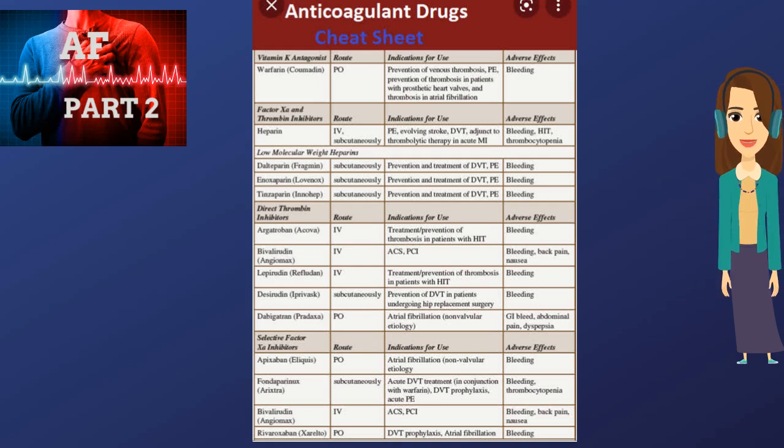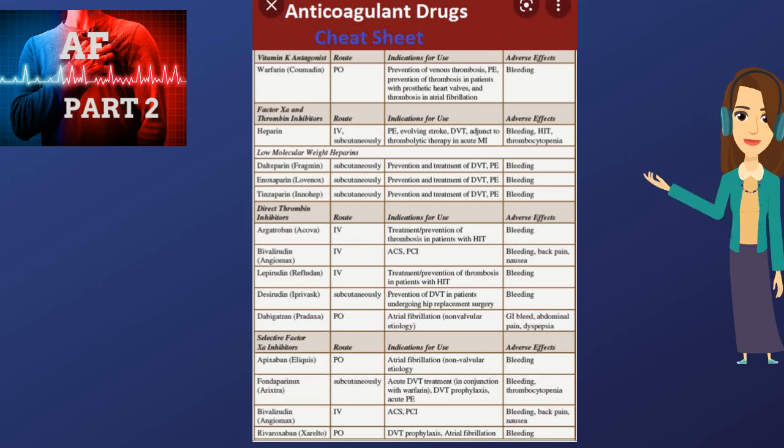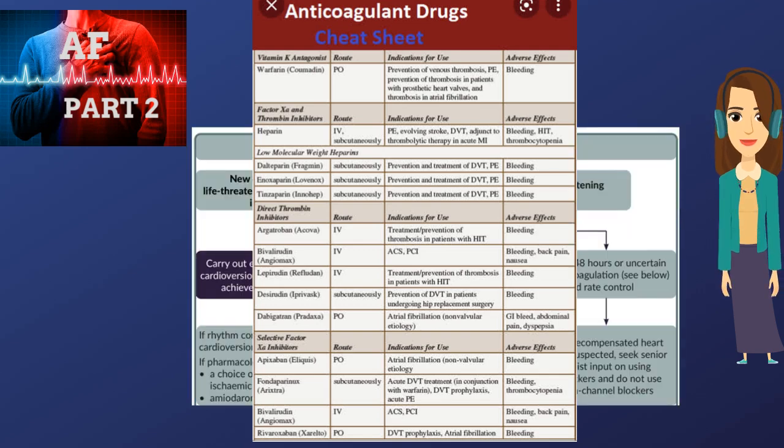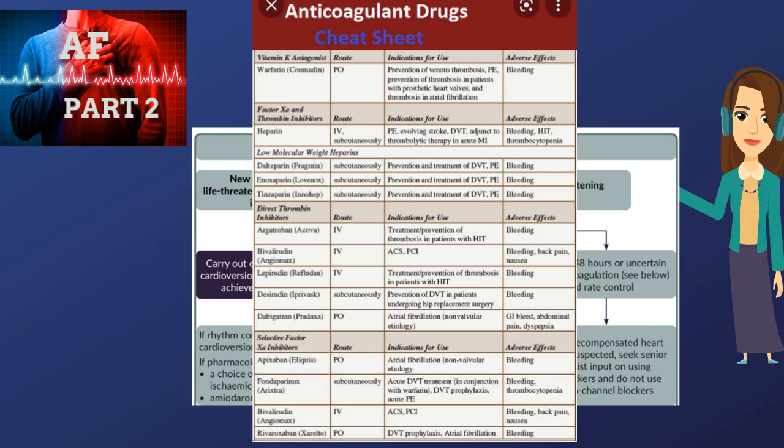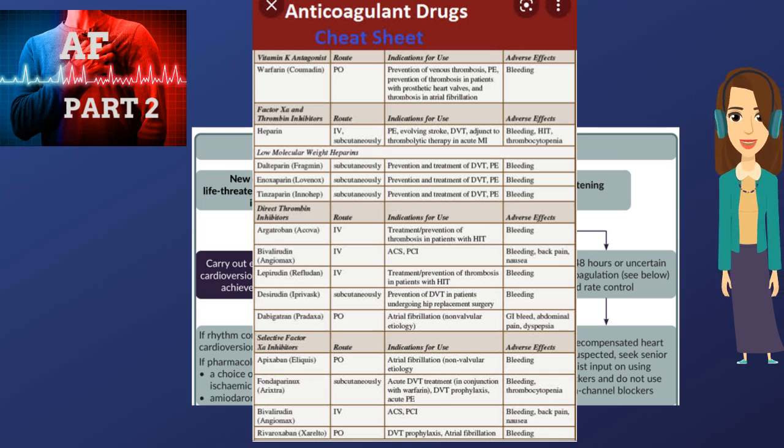Indication: patient with valvular heart disease, like rheumatic mitral stenosis that is severe, mitral valve area less than or equal 1.5 square centimeter, or patient with mechanical heart valve of any type, or patient with surgical or transcatheter bioprosthetic valve implanted within the past 3 to 6 months, or patient in which direct oral anticoagulant should be avoided due to drug interaction or due to chronic kidney disease with estimated glomerular filtration rate less than 30 milliliter per minute.